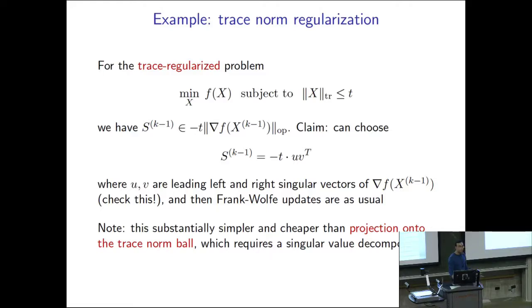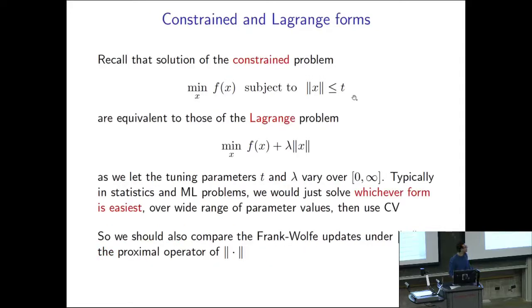From a statistics and machine learning point of view, we don't typically have a strong preference for constrained form versus penalized form. We just think about whatever form is more convenient, and then we solve the problem over a range of tuning parameter values. If you cared about this problem, most of the time in practice, you'd be solving it over a range of t's.